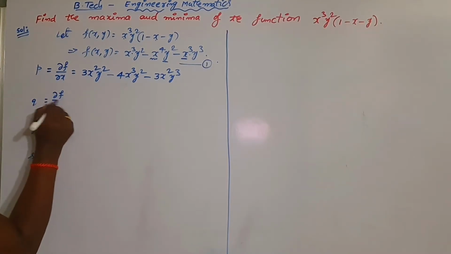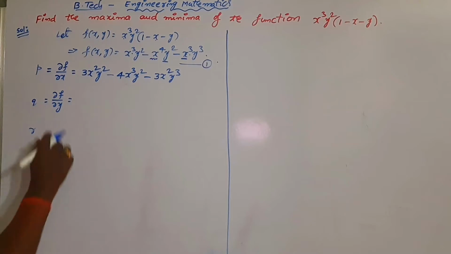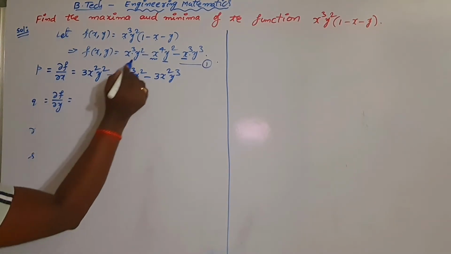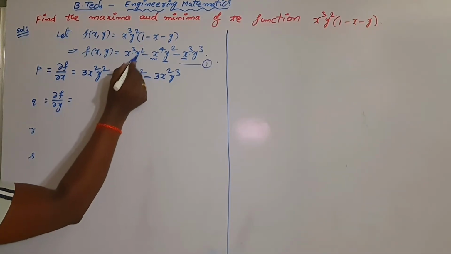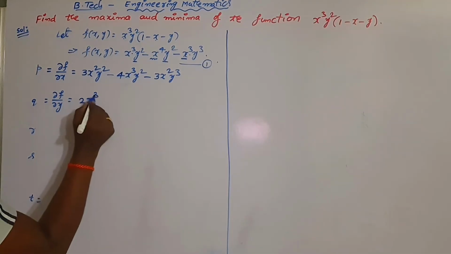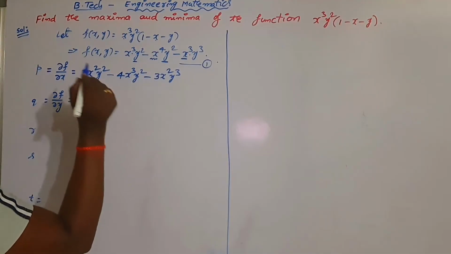Now what is q? ∂f/∂y. Here, except y, the remaining are all constants. Particularly, whenever you take the partial derivative of a function with respect to y, x will be constant. So this time take the derivative of y². The derivative of y² is 2y. So x³ is the similar term: 2x³y. Minus, here also y² is the variable.